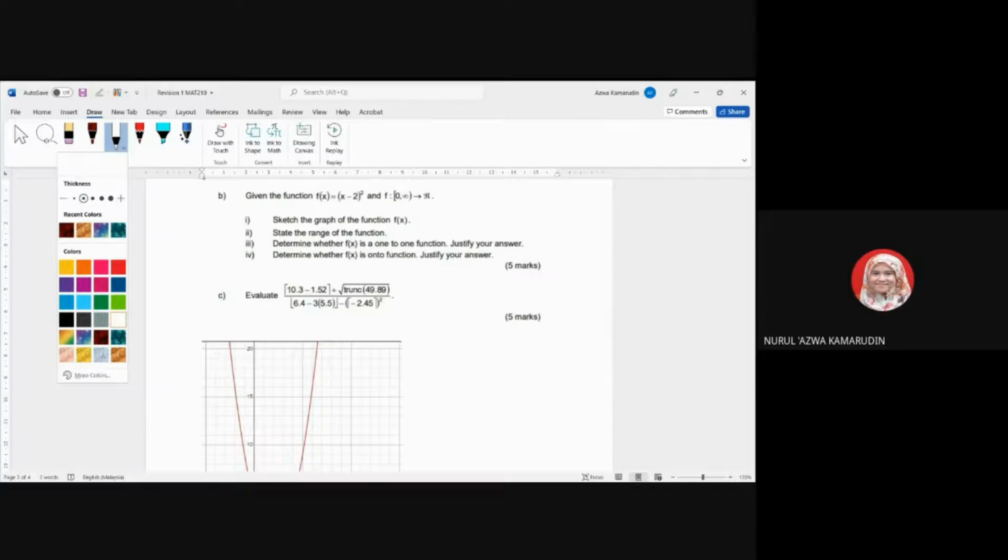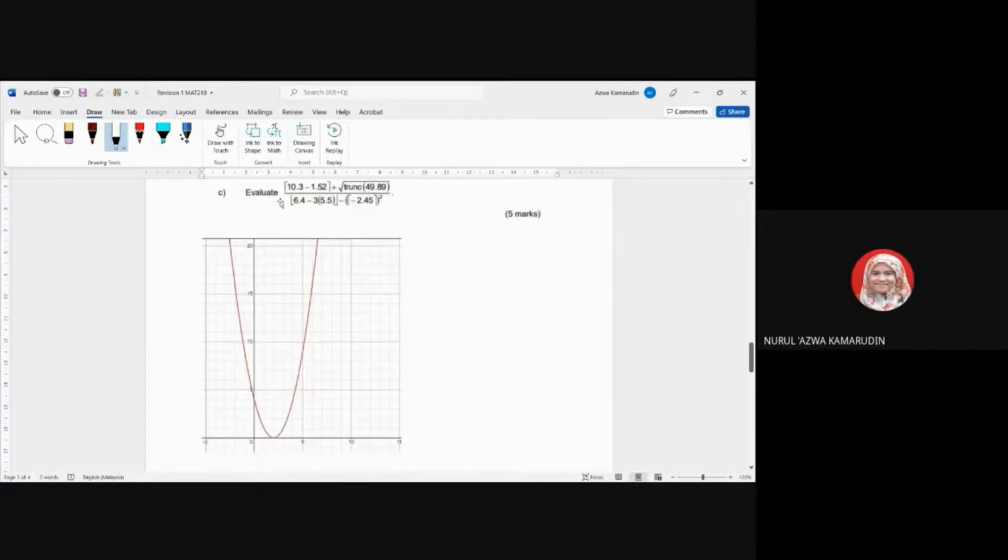Okay, jadinya untuk ni, kalau dia kata from 0 to infinity, dia punya domain dia. So 0 to infinity is from here, kita tengok pada domain tu paksi x lah usually. Okay, so from here to this one, infinity.